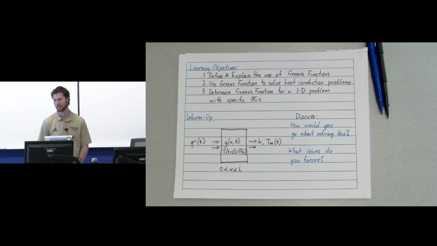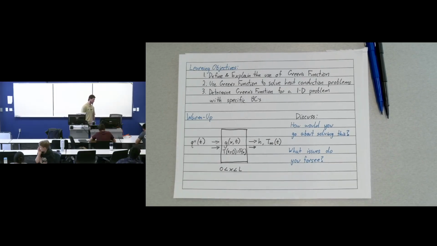You've got a lot of non-homogeneous terms. You have to use superposition. You get complex time if T infinity is not zero. You have heat generation. One steady state and one non-steady state.